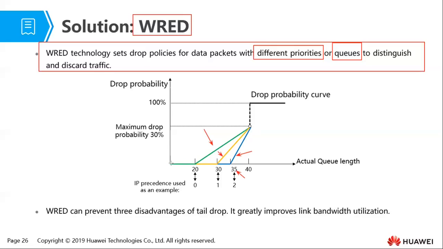Then for the green ones, which are not very important, we'll start randomly dropping when the queue has, for example, 20% space left.